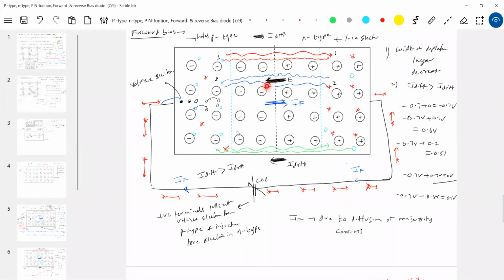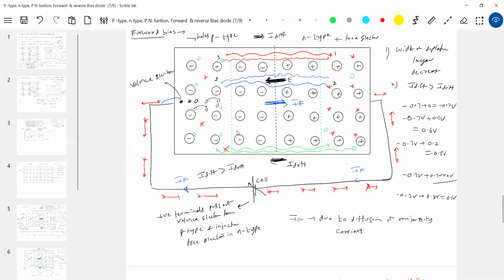So now does the movement of majority carriers increase or decrease? It increases. Earlier 100 were crossing, now 150 will cross. As you increase the bias further, 200, then 300. Like that, the amount of majority carriers increases. This is the first thing.